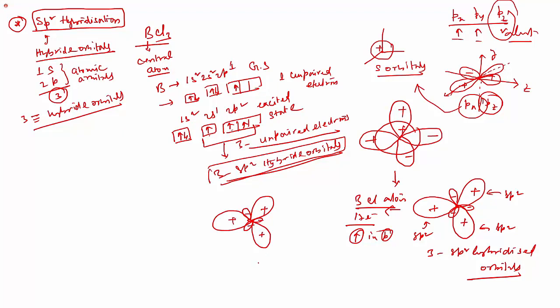So this is the sp2 hybridized orbital. Now 3 Cl will have 3p orbitals. So they are forming the bond here.